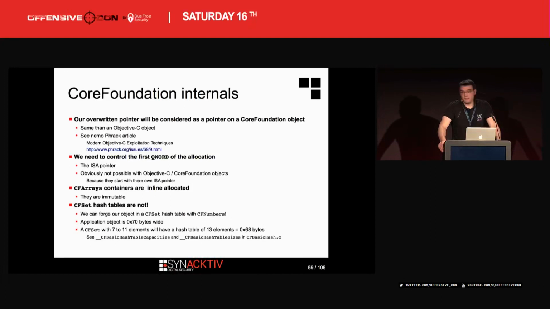Lucky us, CFSet hash tables are not inline allocated. So we can again use CFSet and forge a hash table where we will control the first DWORD, the first pointer, well, the first value of the allocation. So we just create a new CFSet, and we will place CFIntegers at the beginning of it to control the first pointer of the allocation.